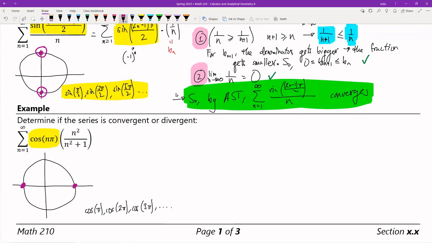They bounce between these two values right here. Cosine of pi is going to be -1. Cosine of 2 pi is going to be +1. 3 pi, -1, +1, -1, +1, -1, and so on and so forth. So in this case, the cosine of n pi is the equivalent to our alternating bit, the (-1) to the n power.